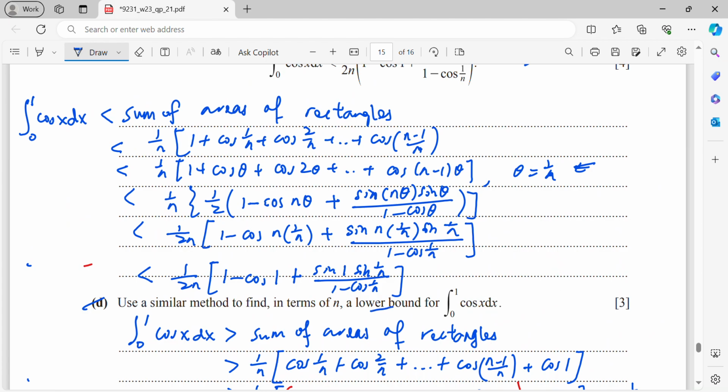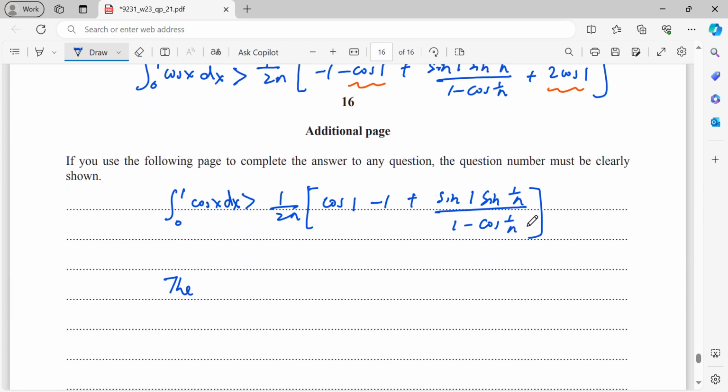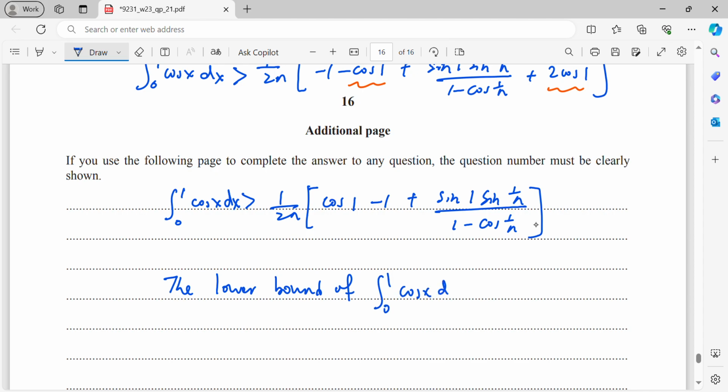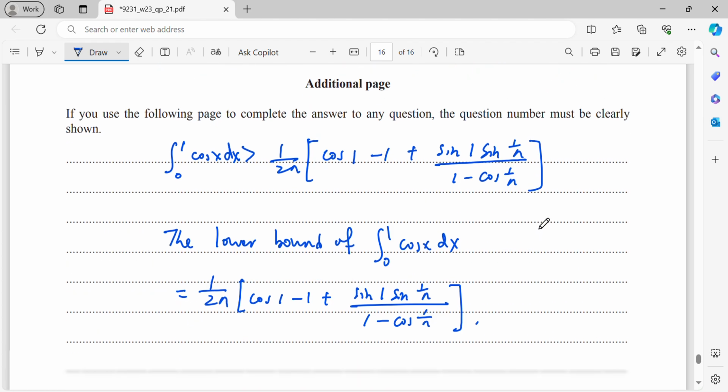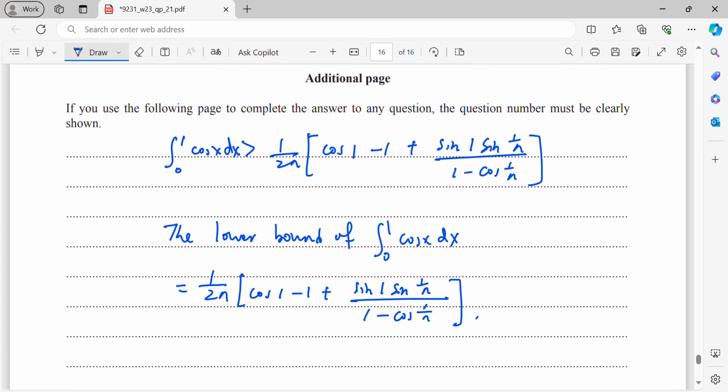So I will say the lower bound of the integration is 1 over 2n times (cos 1 minus 1 plus sine 1 over n over 1 minus cos 1 over n). Okay, so this is the answer for the lower bound of the integration.